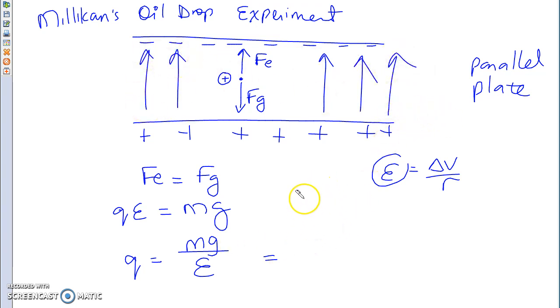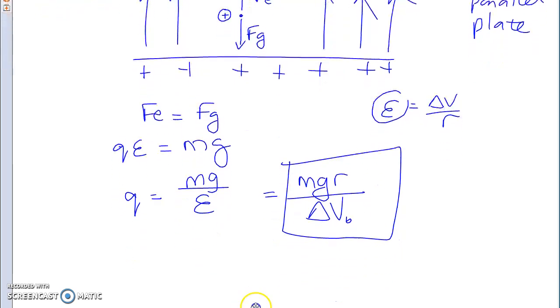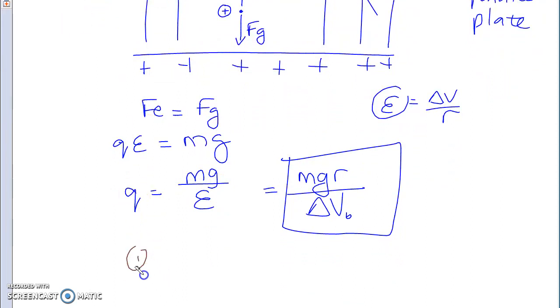Okay, then we can say this can be written down as mgr divided by delta V. Okay, now if I want to look at how many electrons there are in a charge, that's Q equals N times E. We already know the charge of E. E equals, of course, 1.6 times 10 to the negative 19 coulombs. Correct? Okay, we good with this?